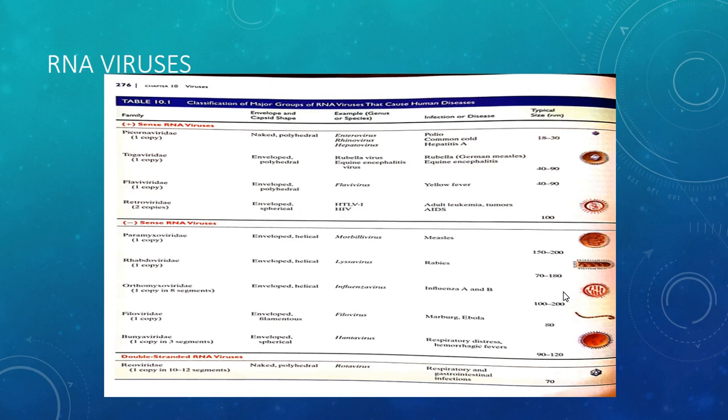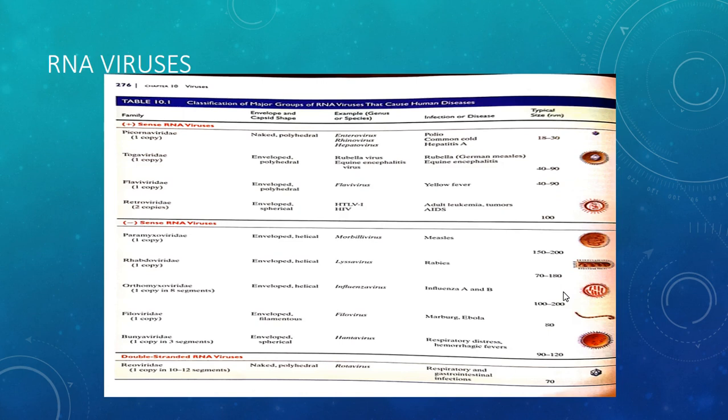Influenza virus A, with which we are all very familiar, is an orthomyxovirus that also infects birds, swine, horses, and whales. Influenza virus B appears to be specific to humans. That means that influenza virus B only occurs or only infects humans.